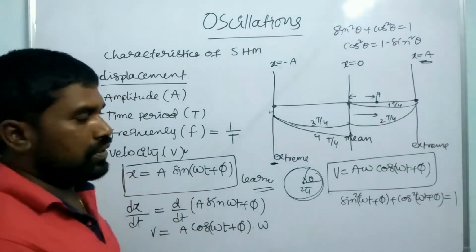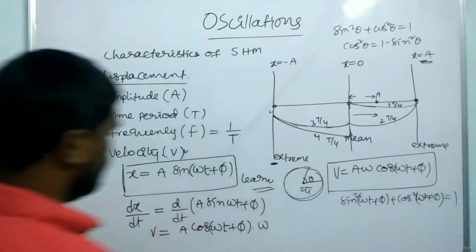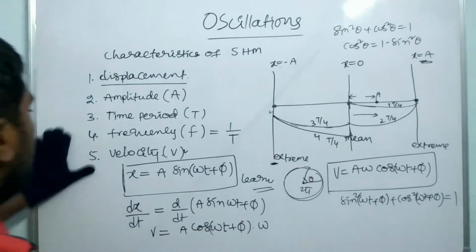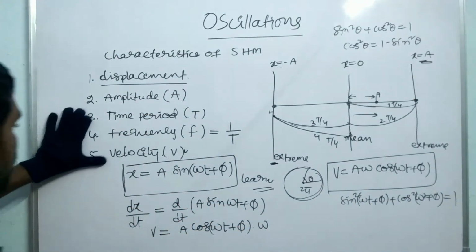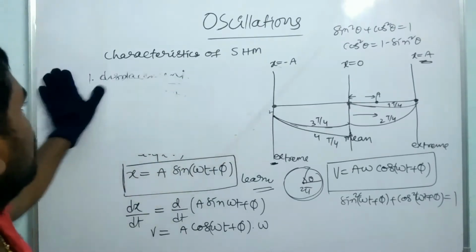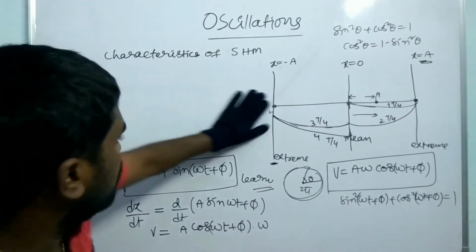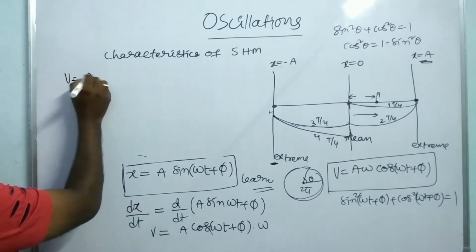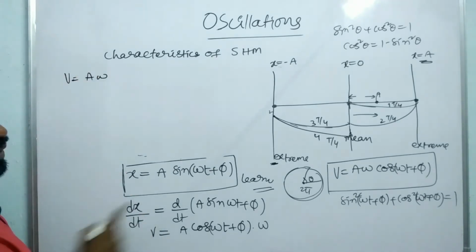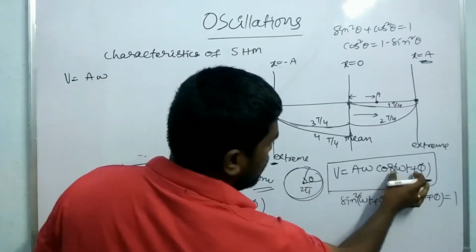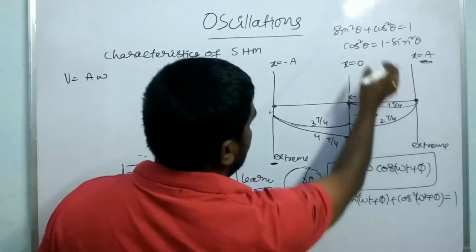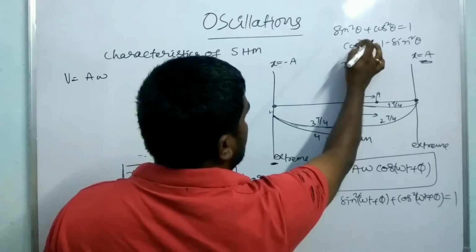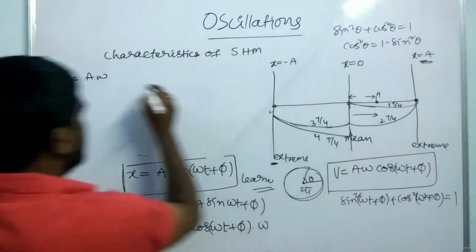From this we can write v is equal to A omega cos(omega t plus phi), where cos theta is the square root of 1 minus sin square theta.